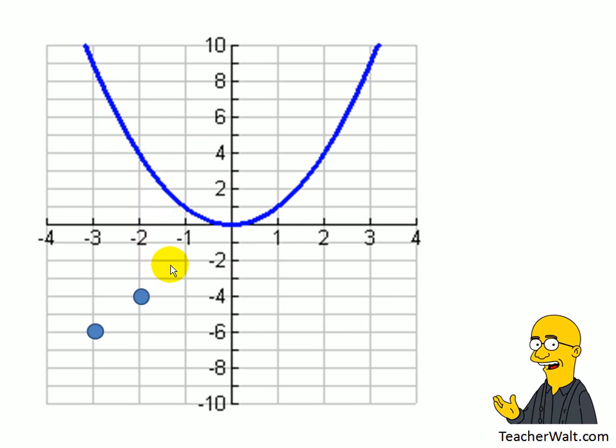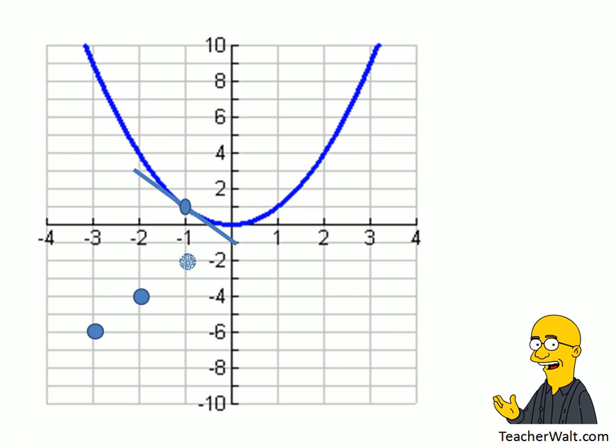Okay, now let's go to -1. And once again, we see the tangent line, and we notice that the slope this time is not quite as steep. So notice, as the curve was steeper, we had a steeper tangent line. As we go from the left to the right, our tangent lines have a smaller and smaller absolute slope.